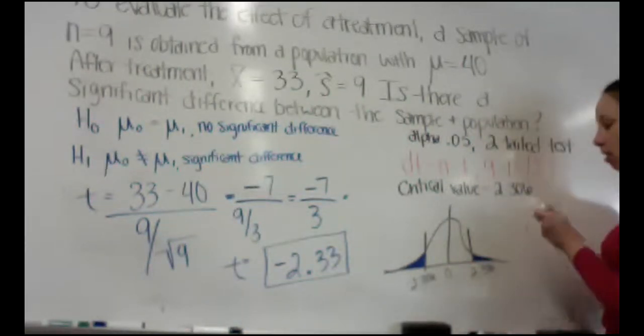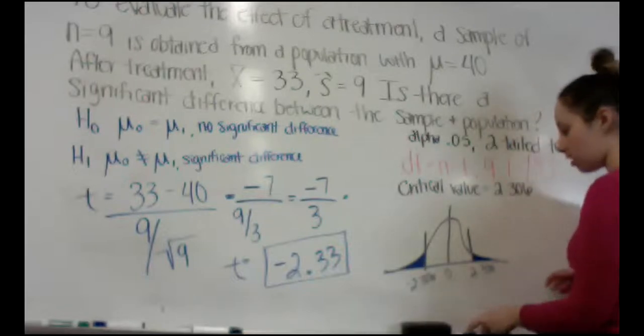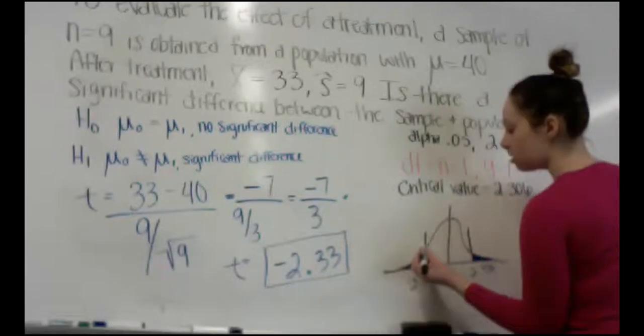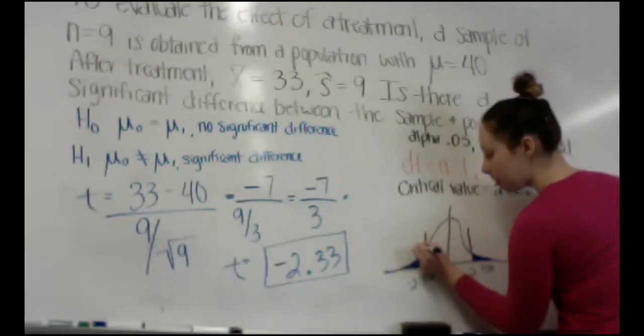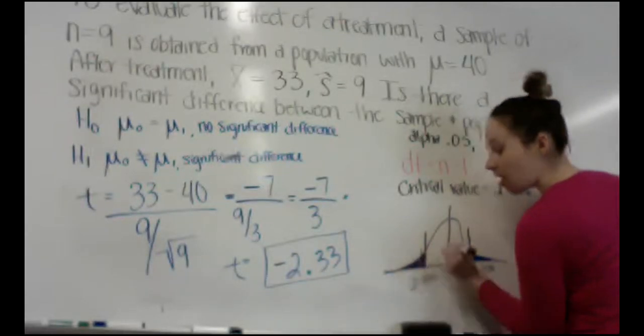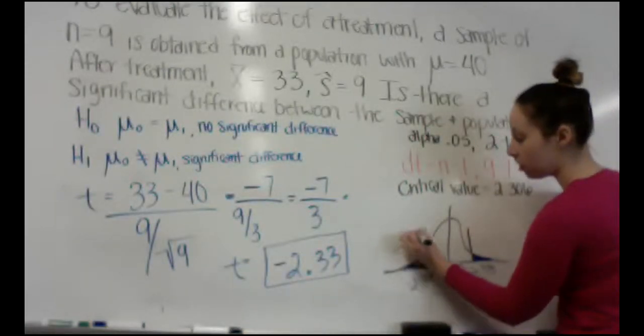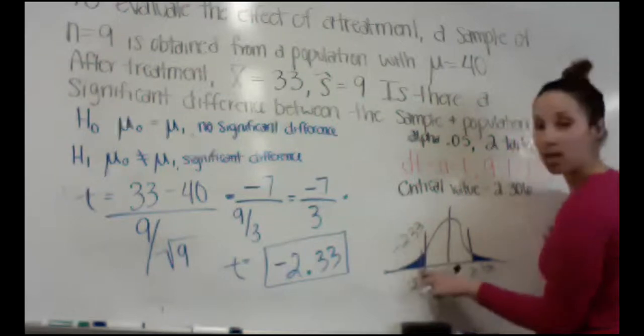So let's look at our t result that we actually got. We got a negative 2.33. That's going to fall really close here. However, it does fall in the shaded region. Negative 2.33 falls in that blue space.